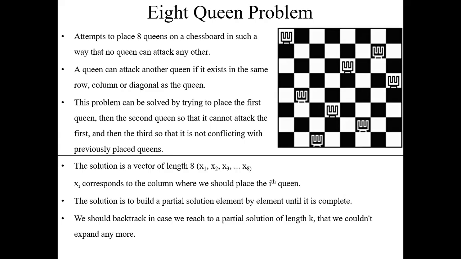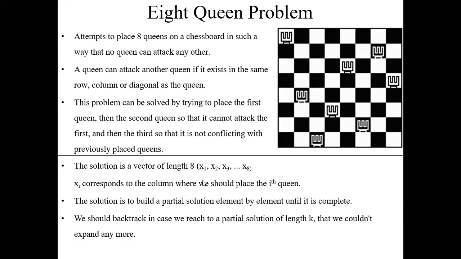So how many such possibilities are we encountering? If for every queen I have 8 combinations, so total leaf पे कितनी nodes आएंगे at the last level? 8 to the power 8. So this is a huge search space, tree का size है. We have to reduce it down using the constraints.